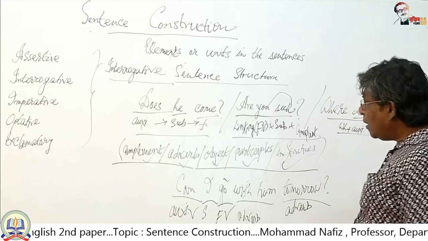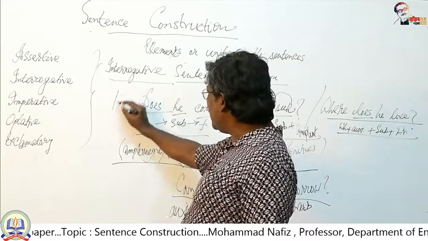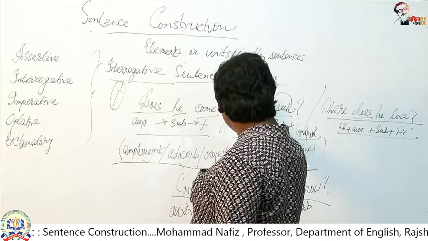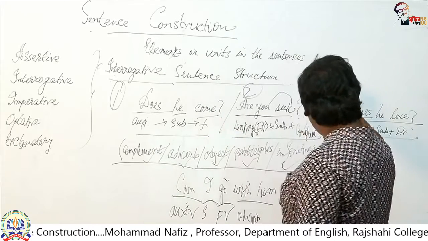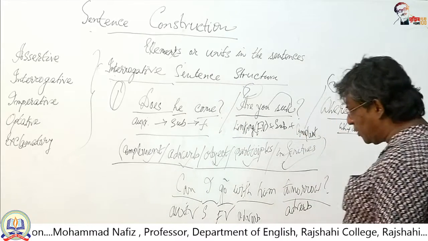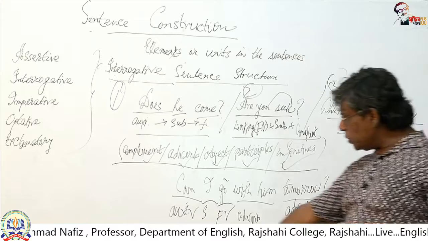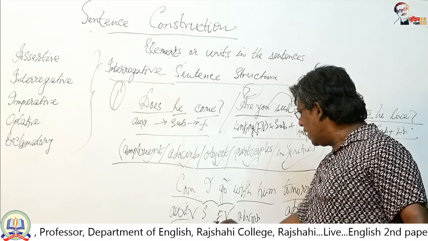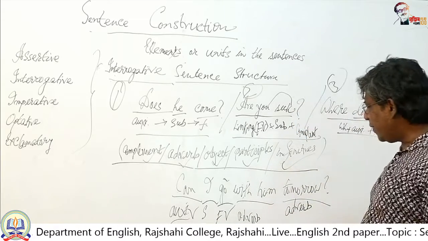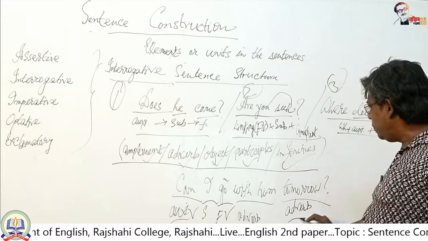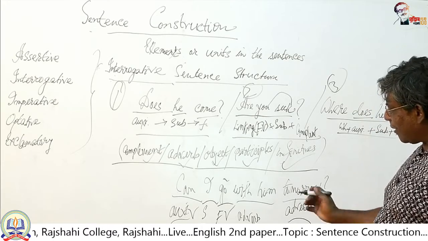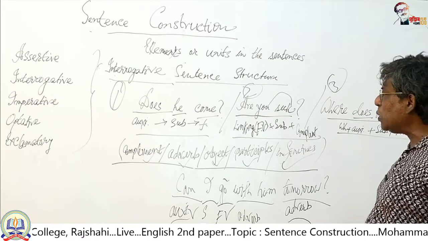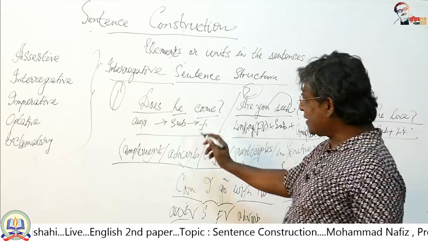Look at the structure of the first type of interrogative sentence. It begins with an auxiliary verb, then comes the subject, then the finite verb, then adverb. The finite verb is followed by two different adverbs. What is there?